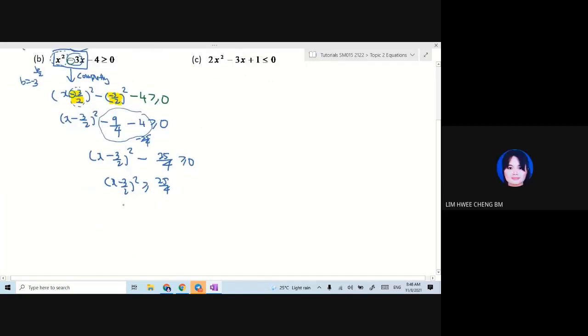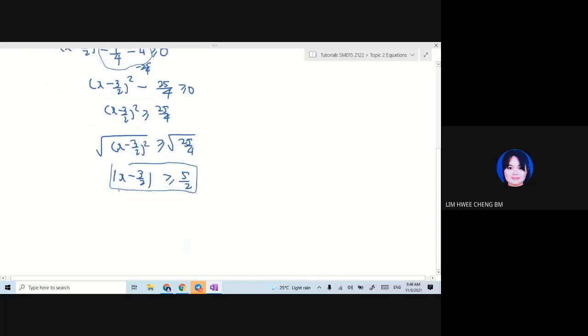Okay, then the square root both sides. Okay? This one we say that as square root of x square, so kita akan dapat absolute, betul? Betul. Okay, 5 over 2.